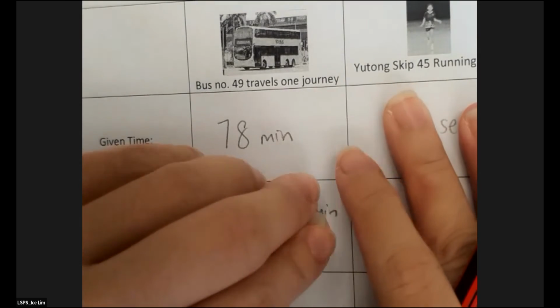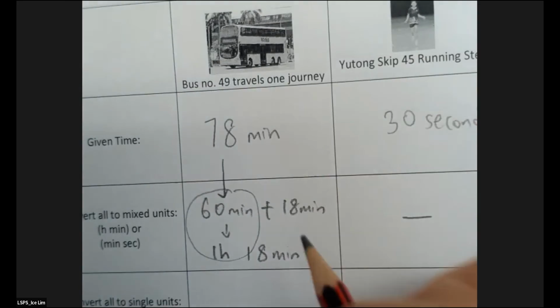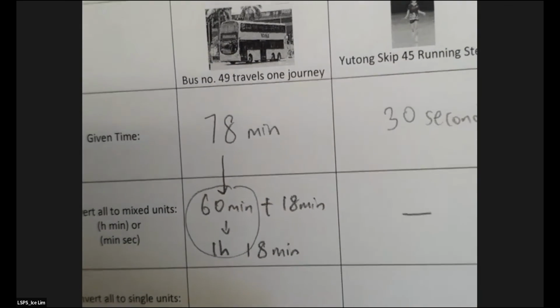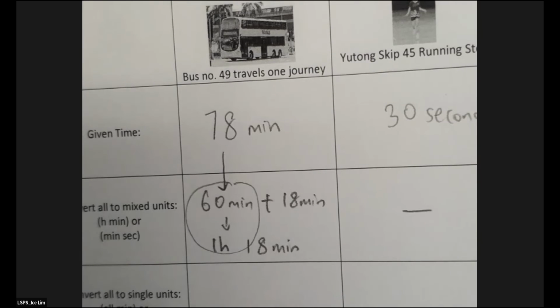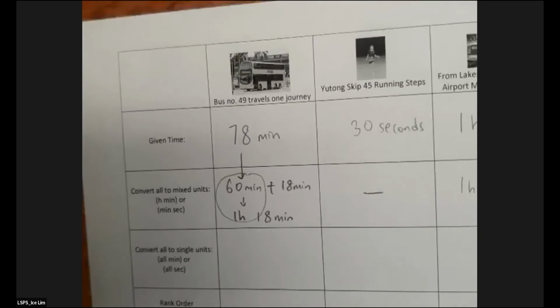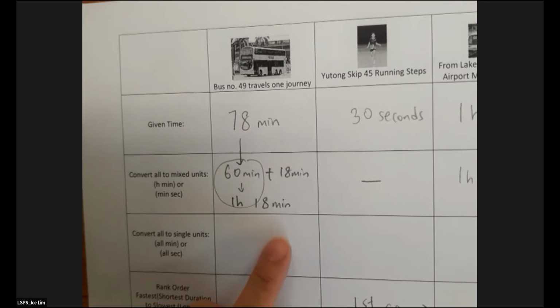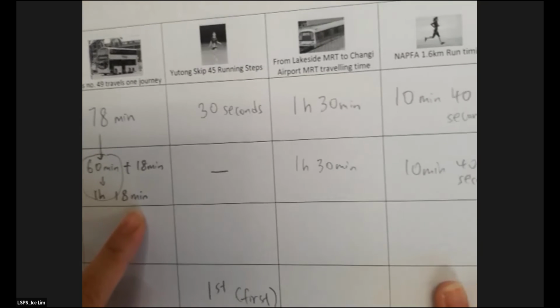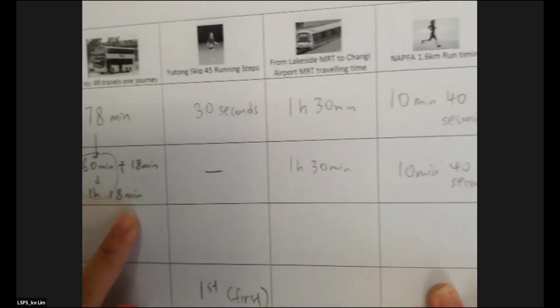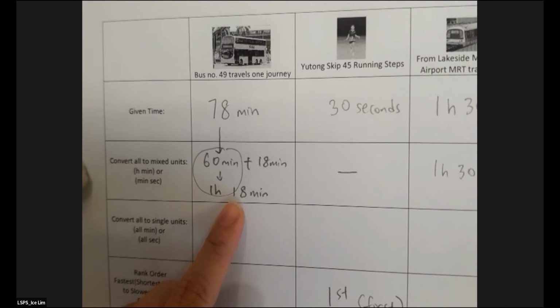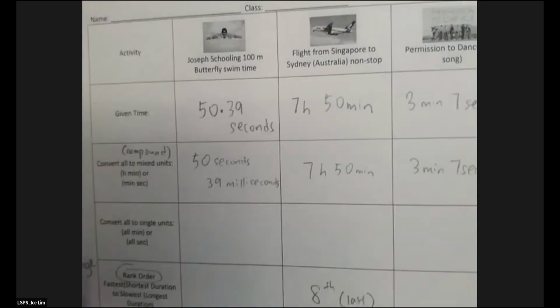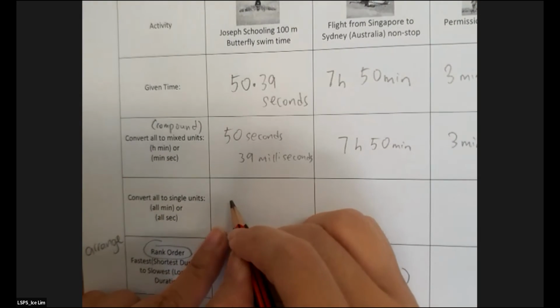Okay, this step is called conversion of units. Is this okay? So this one, I can convert to 1 hour, 18 minutes. But the rest are all already mixed. So this one convert to single units.